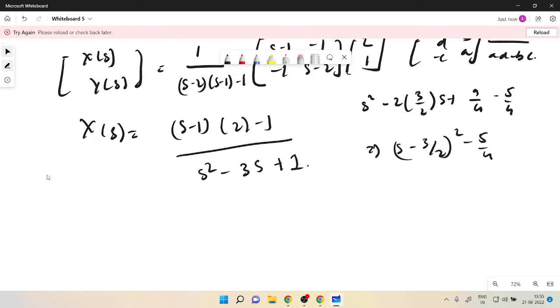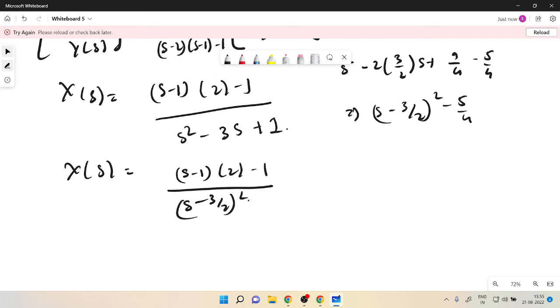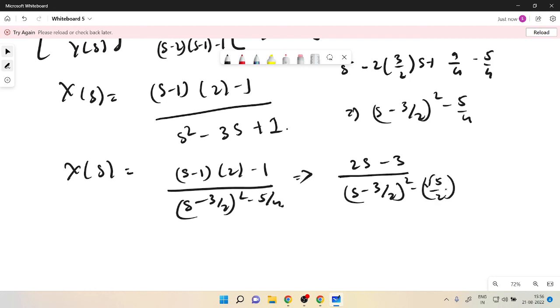I'll just solve for x of s so you can try the other one. x of s equals s minus 1 into 2 minus 1 by s minus 3 by 2 whole square minus 5 by 4, which implies 2s minus 2 minus 3 over s minus 3 by 2 whole square minus root 5 by 2 whole square.